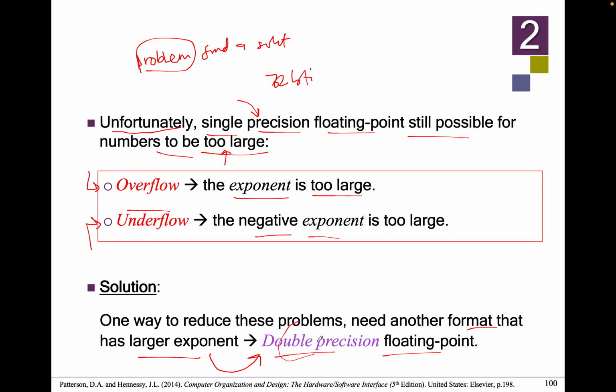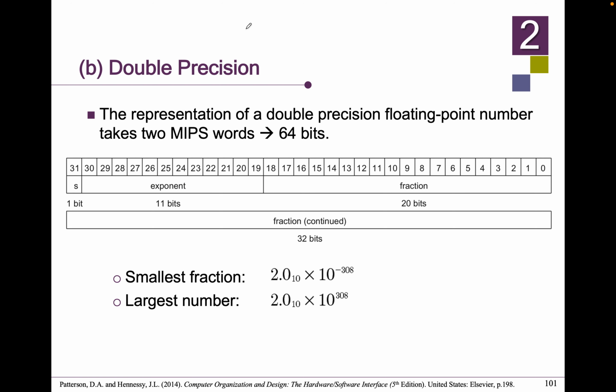Double means two times better than single precision. If your single precision is 32, your double will be 64. That's why double precision is also known as two MIPS words, and it is 64 bits.